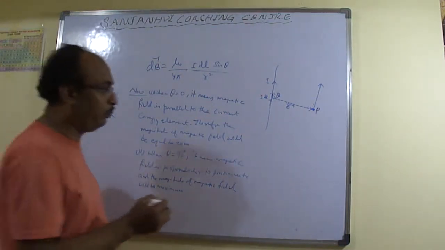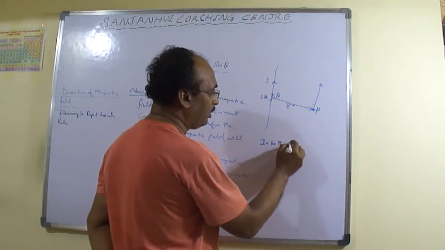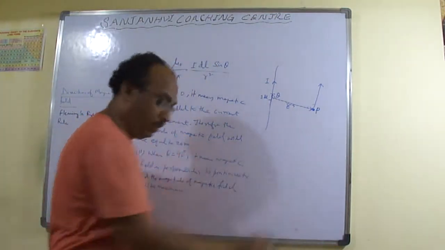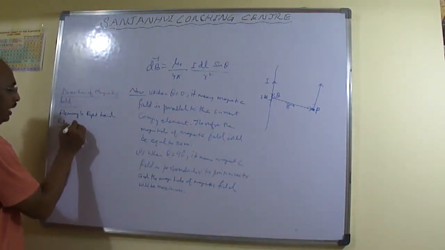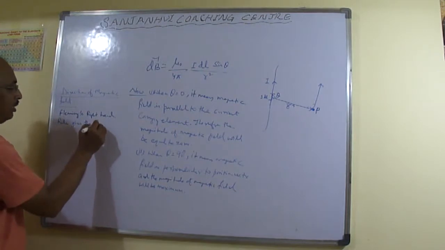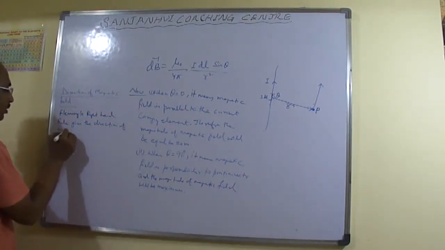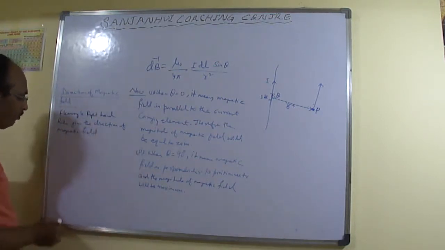And for into the plane of the board, better I will be writing there where we are discussing direction. Okay, Fleming's right hand rule gives the direction of magnetic field.